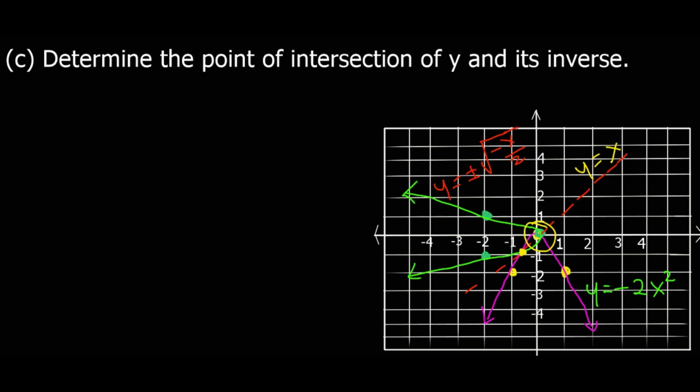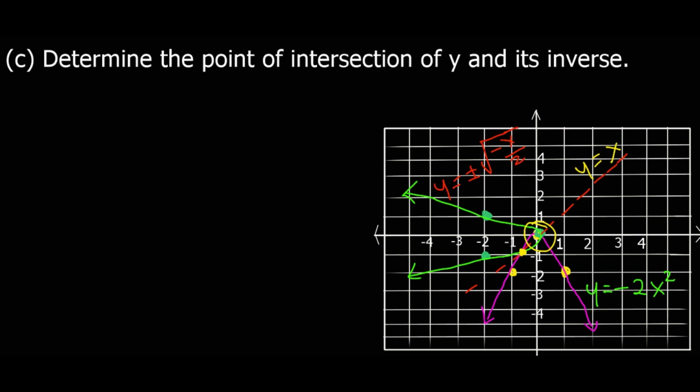But what is important is that to find the point of intersection we equate the equations. Notice that we have 3 equations. We have this one, the inverse, then the original, and then y equal to x, because this line y equal to x also intersects. So now we will equate these two equations.